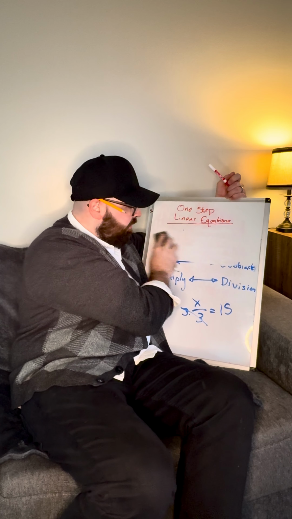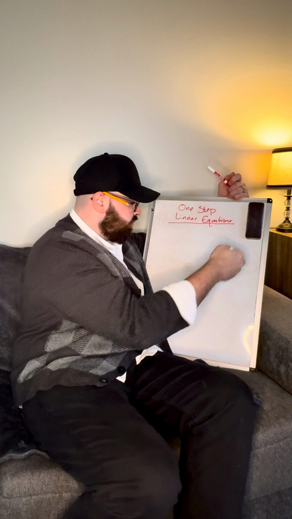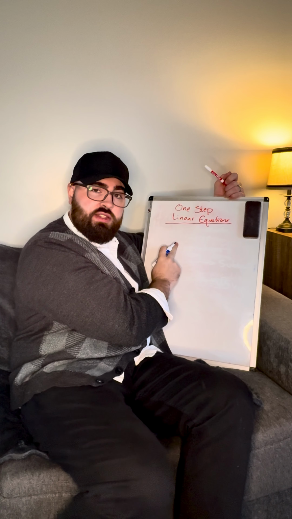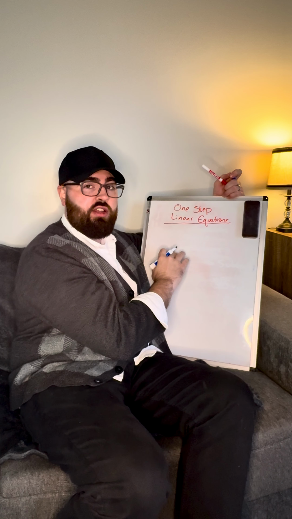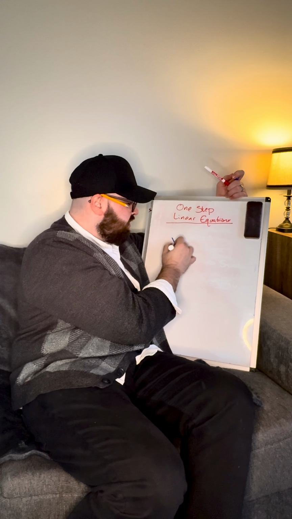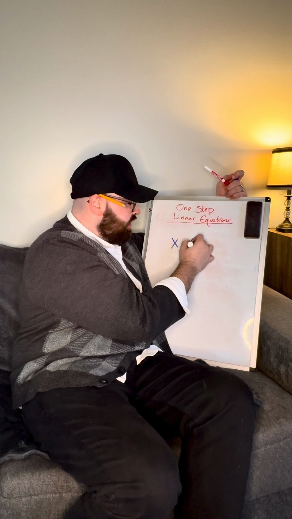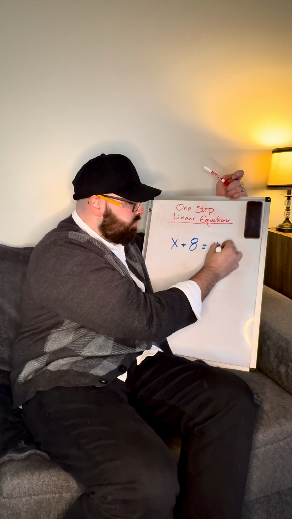Now, let's go into actually solving. This says 1 step, so we're going to start with that, and I'll show an example of 2-step like we did earlier in the video. Let's say x plus 8 equals 14.